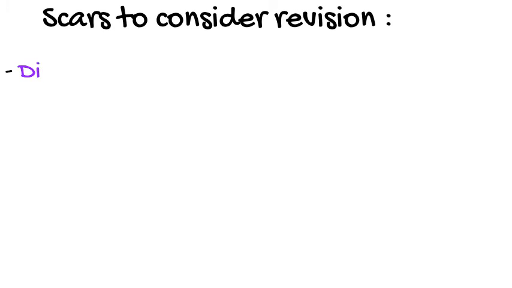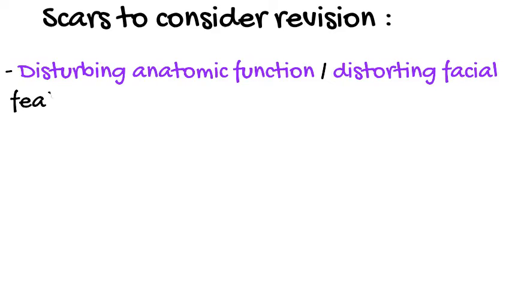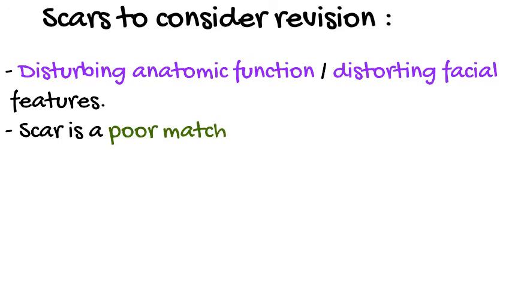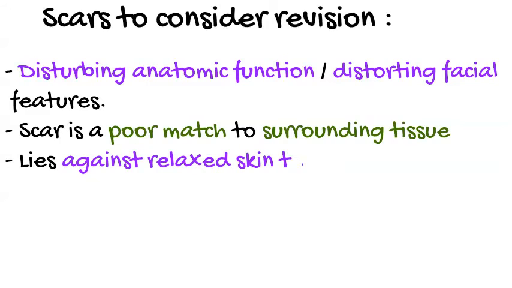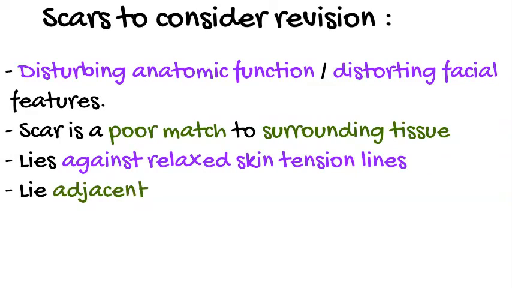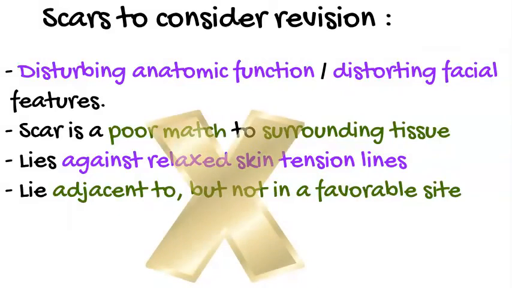What are the criteria for a scar to be considered for revision surgery? Among them include disturbing the anatomic function or distorting the facial features, where the scar is a poor match to the surrounding tissue, the scar lies against the relaxed skin tension lines, or the scar lies adjacent to but not in a favorable site.